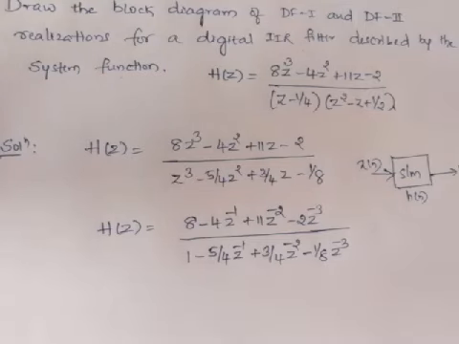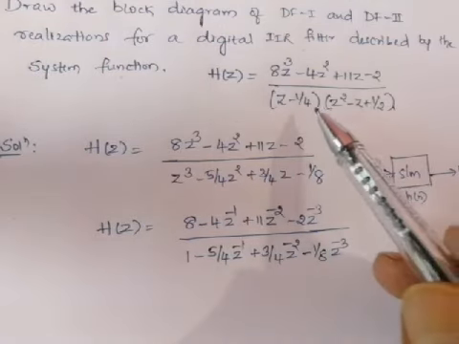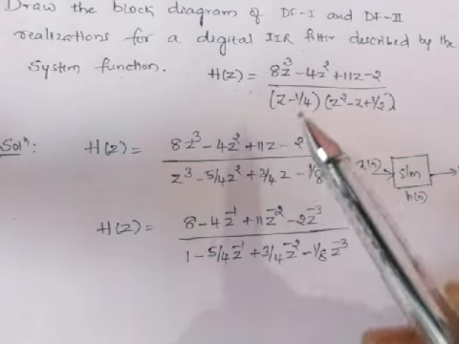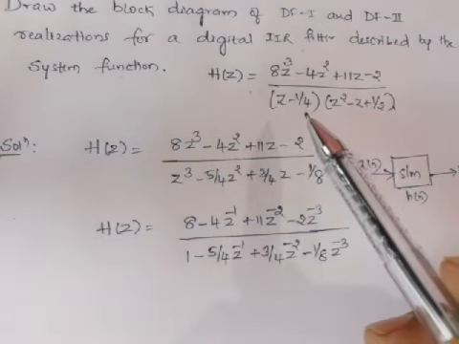To represent in terms of DF1 and DF2, the system function should be expressed in negative powers of z, because we have basic elementary blocks, the delay elements z raised to minus 1. Because of that, we are going to express the given system function in terms of negative powers of z.